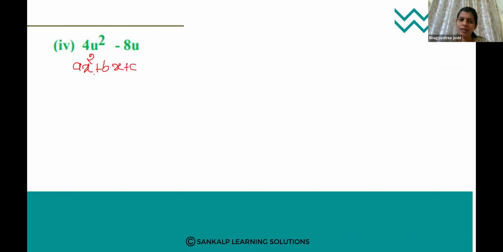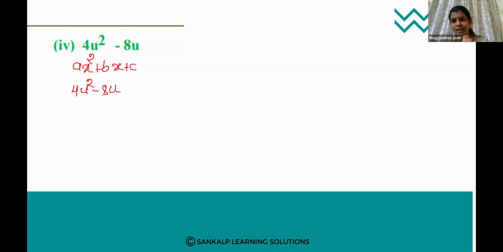So in order to get this polynomial into standard form, what am I going to do? I will make an alteration. This quadratic polynomial can be written as 4u square minus 8u.